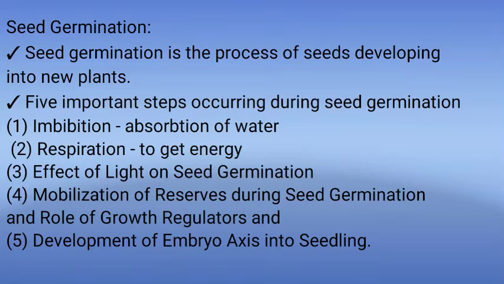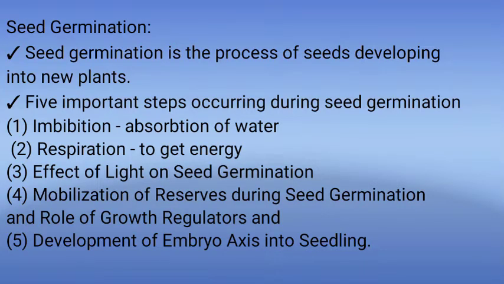Then seed germination. Seed germination is the process of seeds developing into plantlets, which means new plants. There are 5 important steps involved in seed germination. The very first is imbibition: seeds absorb water. Next, seeds perform respiration to get energy for the germination process.